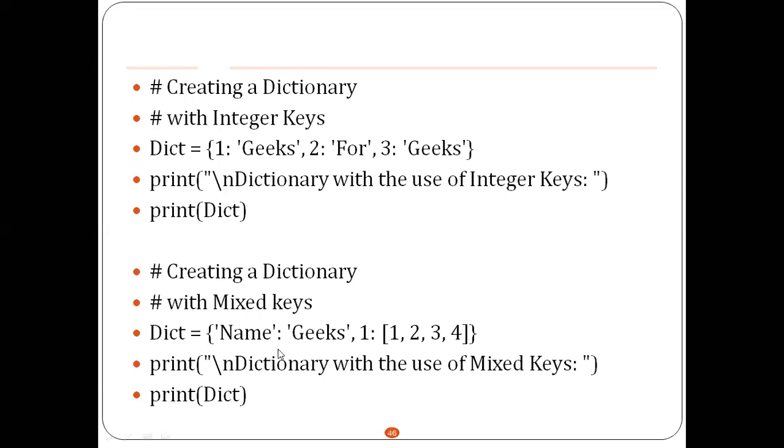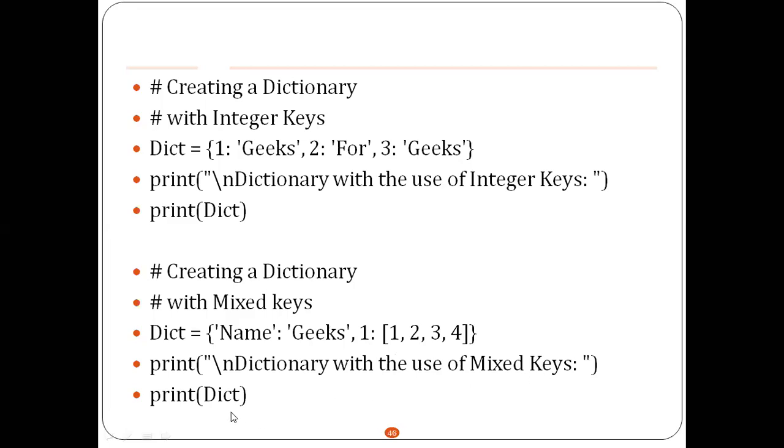Now the name, the lookup tag, is a string. And the second key is one, and its value is 1 2 3 4. It's a list. Now one is an integer key, whereas name is a string key. It is a mixed key: a string as well as an integer key. That is a dictionary with the use of mixed keys.